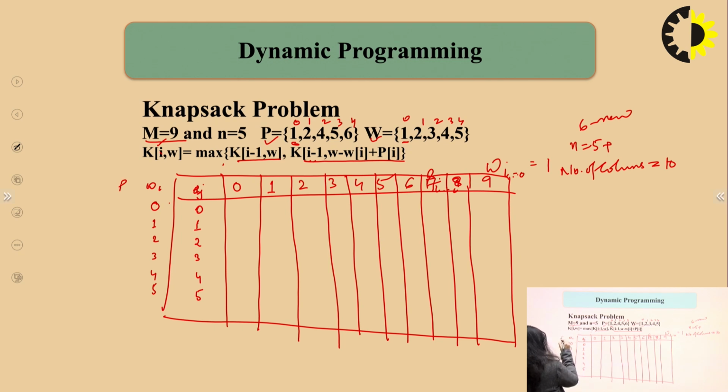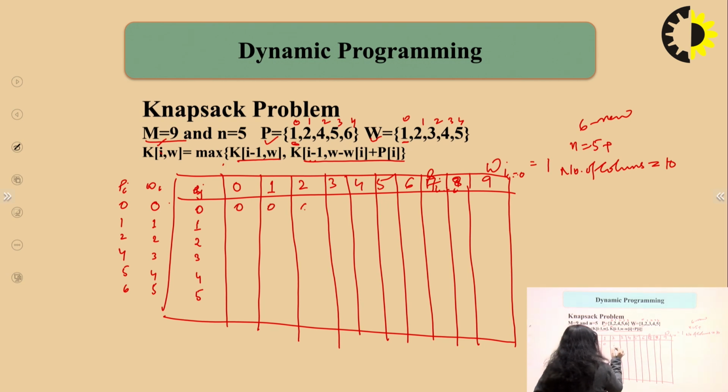Similarly, I need to write out the Pi. Pi here will again be 0, and the other Pi values I can find from this P vector, which are 1, 2, 4, 5 and 6. Now, as I can see, the first row and the first column here, I'm going to set up with the values of zeros.